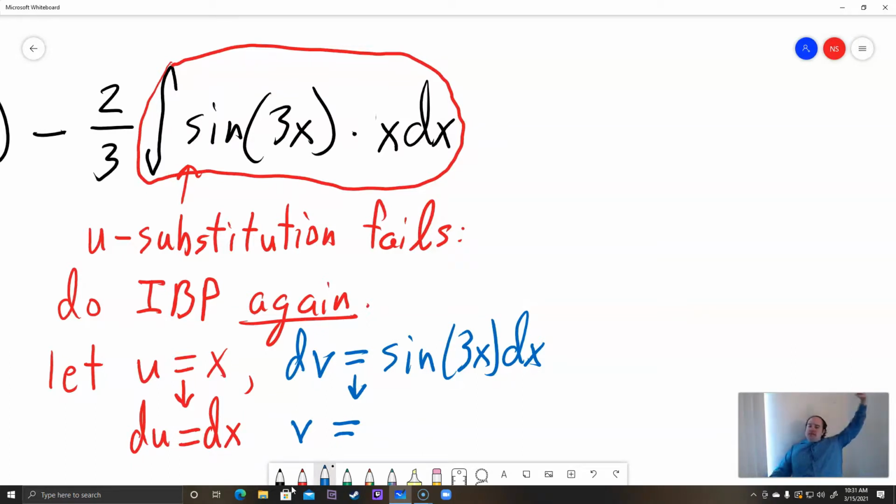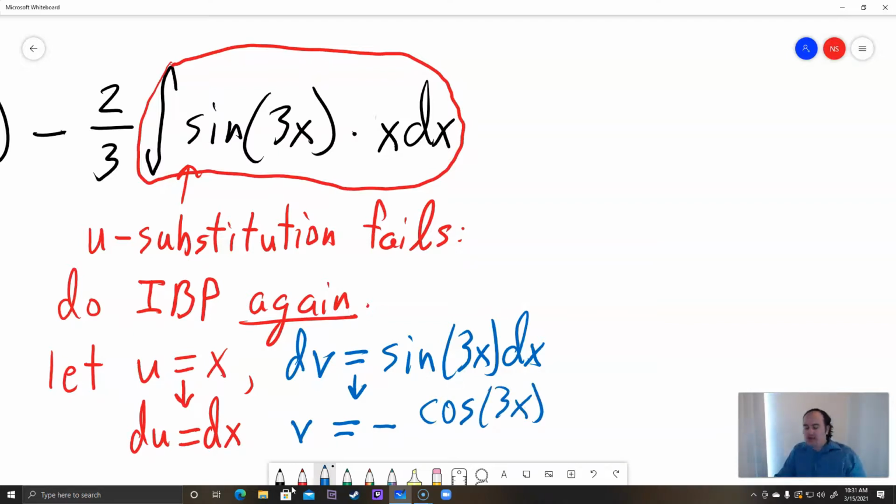Now, how do I know that it's negative cosine? How do I do that in my head? Well, I remember that the derivative of cosine is negative sine. So the antiderivative, which is the reverse operation, the antiderivative of sine has to be negative cosine. Or you can just use the formula sheet. But either way, you should have negative cosine of 3x.